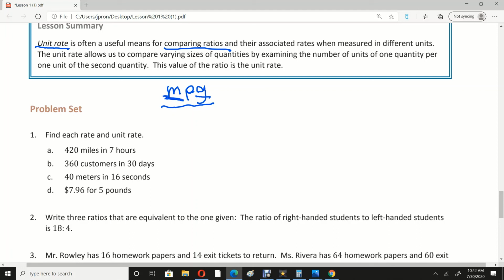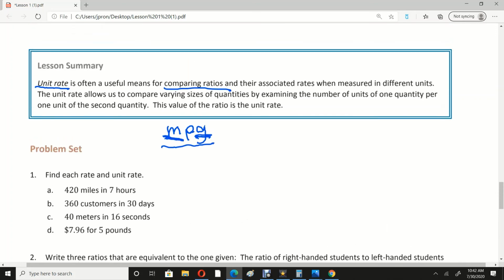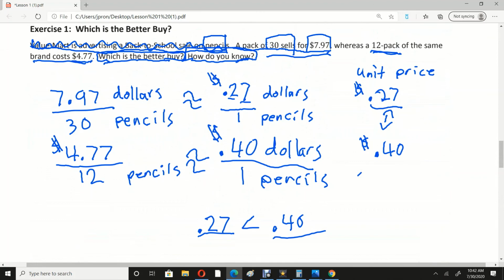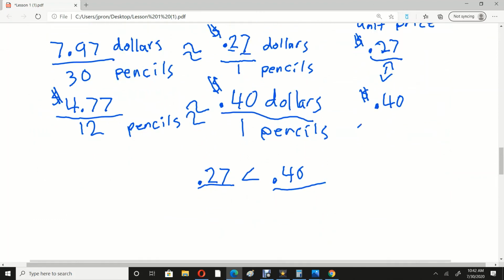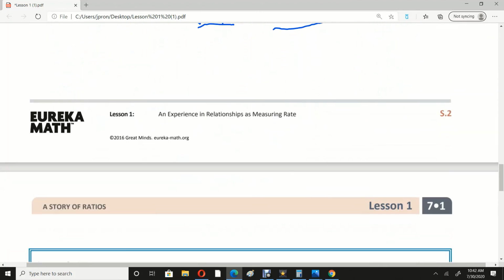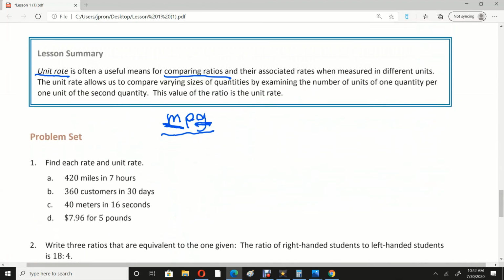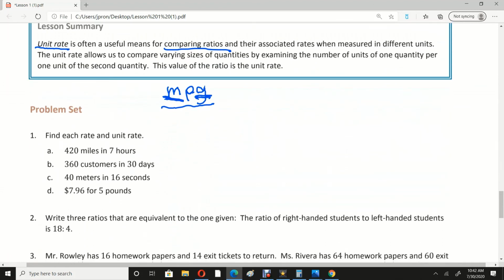In cars, we're comparing miles per gallons. In this example up here, we were comparing pencils per dollar, or dollar per pencil. And in the class example, we were comparing the number of boys to girls, right?